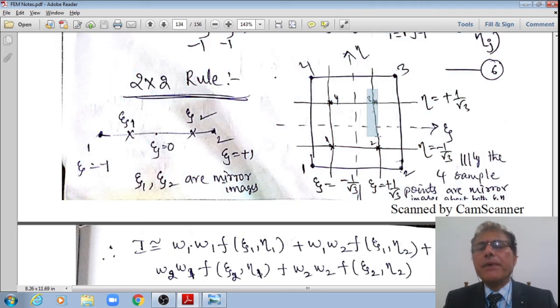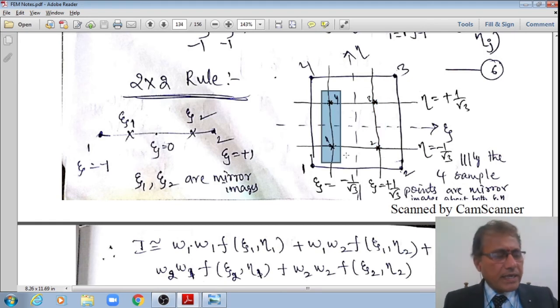Similarly, the sampling points 2 and 3 and 1 and 4 are along the eta direction, right?